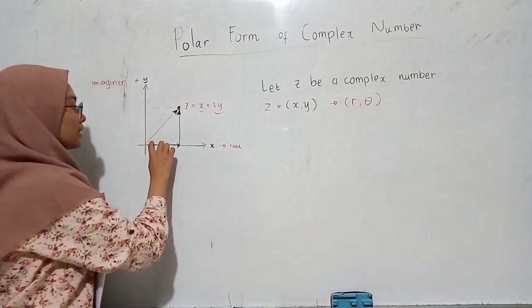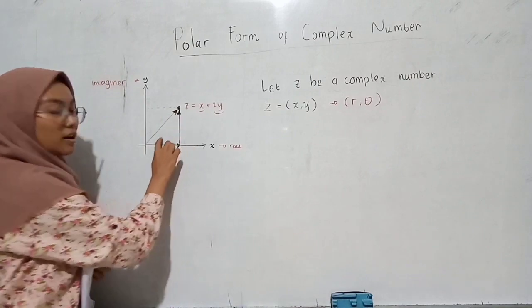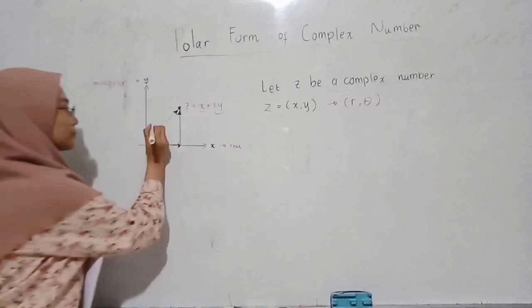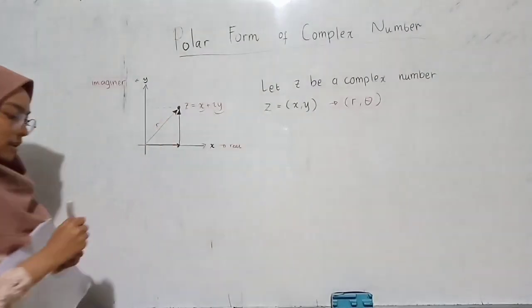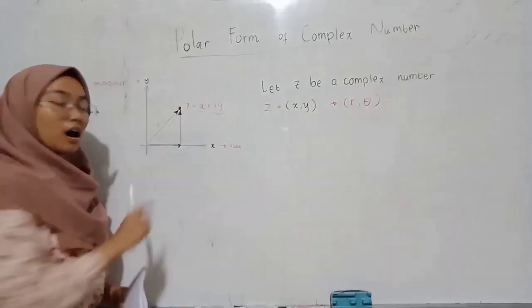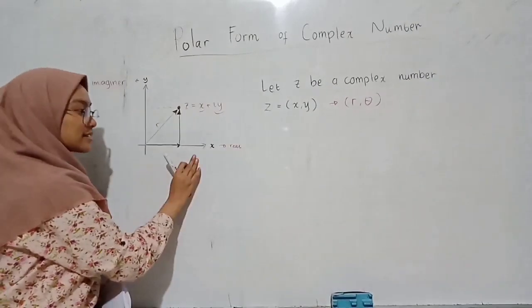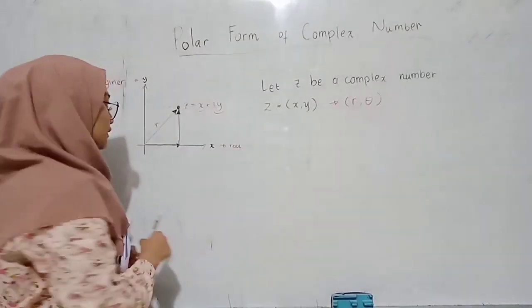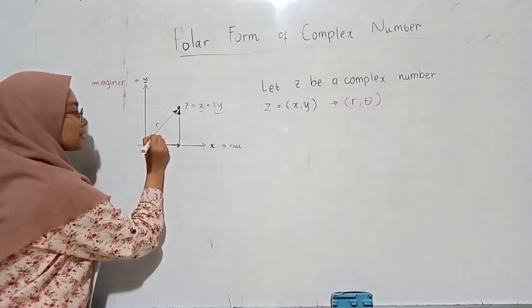Then let's look at this vector. We call this vector r. And look at this triangle: r and the x-axis make an angle, which we call theta.